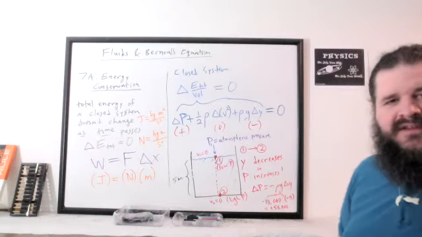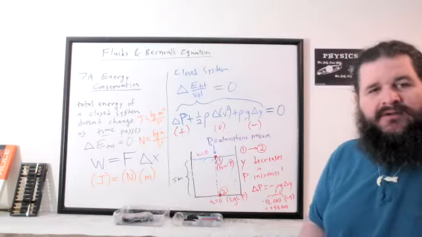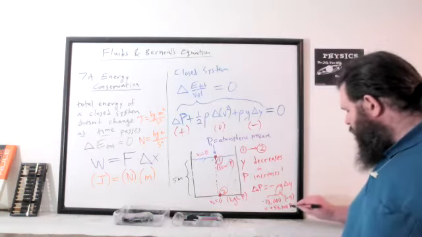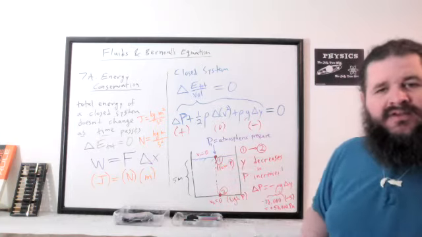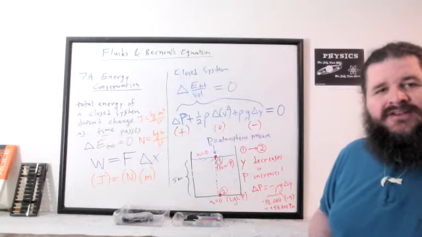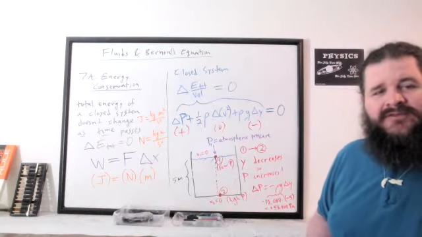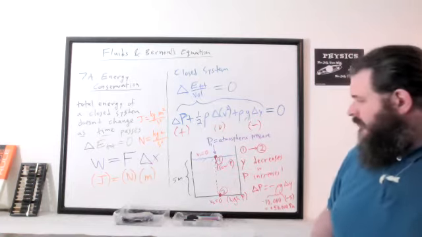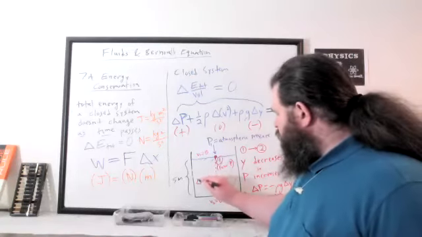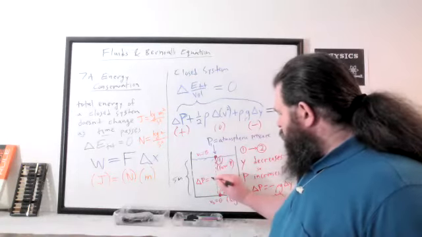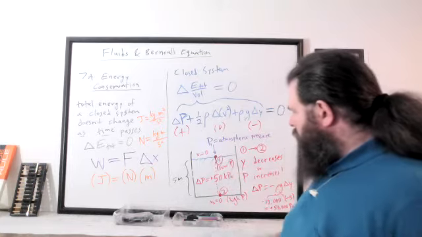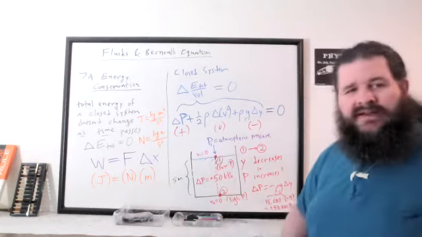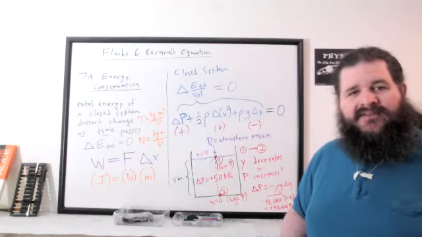And since everything is in kilograms, meters, and seconds, this is going to work out to just pascals. So from location 1 to location 2, there's an increase of pressure by 50,000 pascals, or we would just write that as 50 kilopascals. So from 1 to 2, there's an increase in pressure of 50 kilopascals.